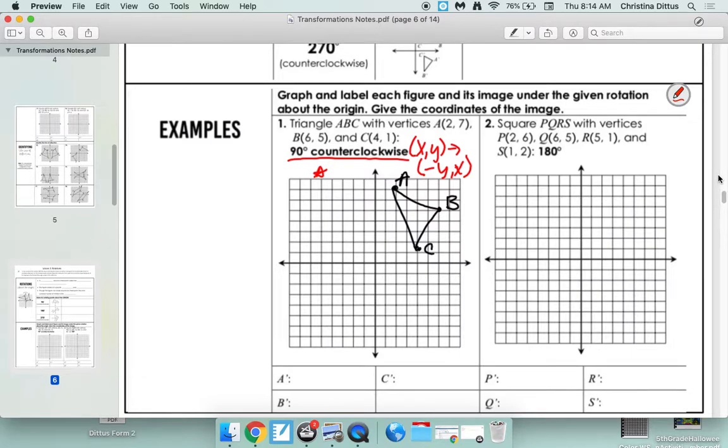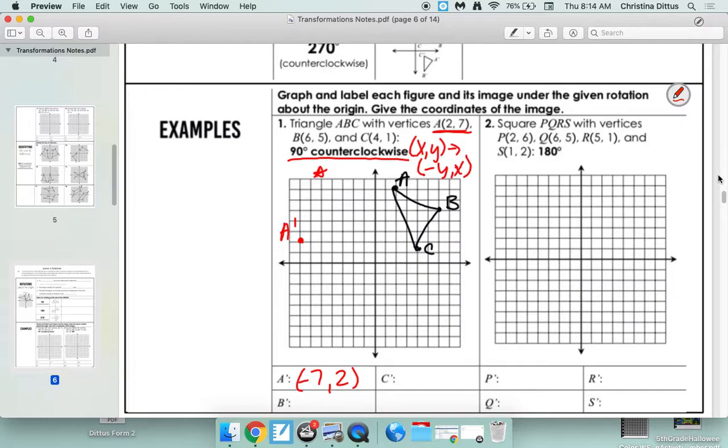So let's just, like I said, I can't visualize stuff real good, so I just do the math stuff. So if I have this point 2, 7, I'm going to flip them, so it's going to be 7, 2. And then my y, which was 7, has to become the negative version. And then if I plot the point, 1, 2, 3, 4, 5, 6, 7, I am in this quadrant, so that's a good thing. If you're not in that quadrant, you most definitely did something wrong.